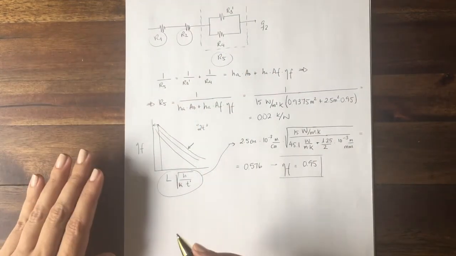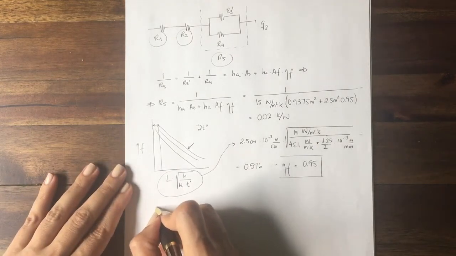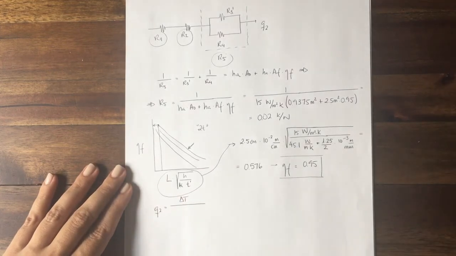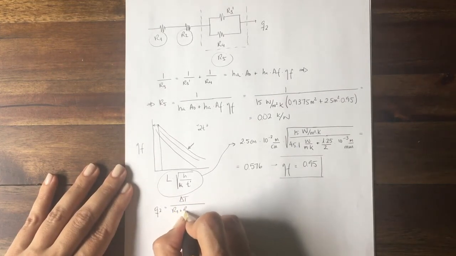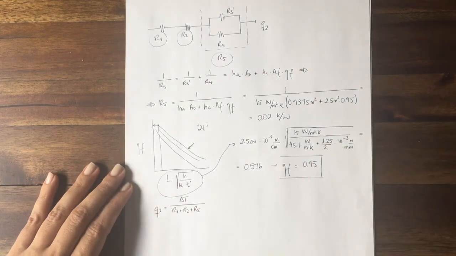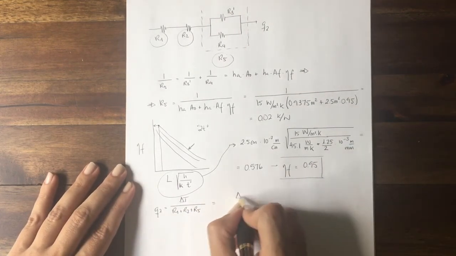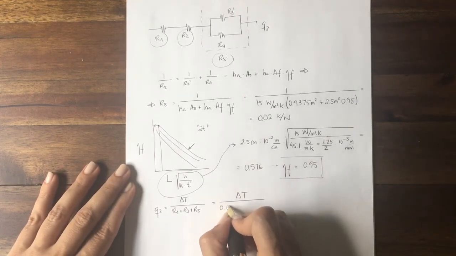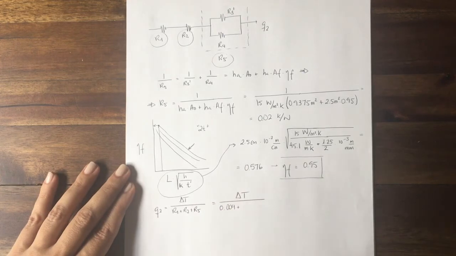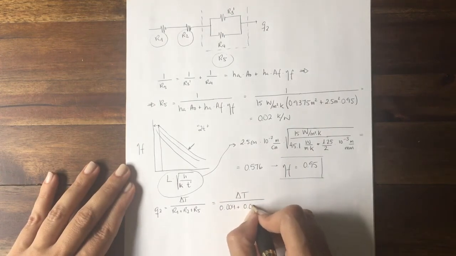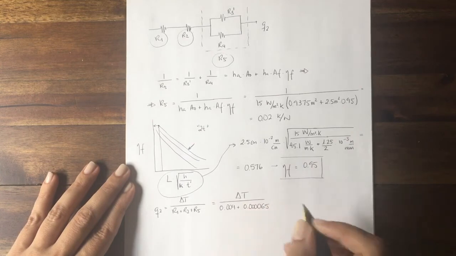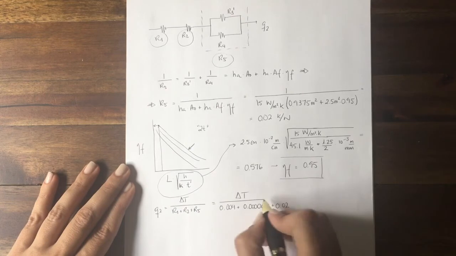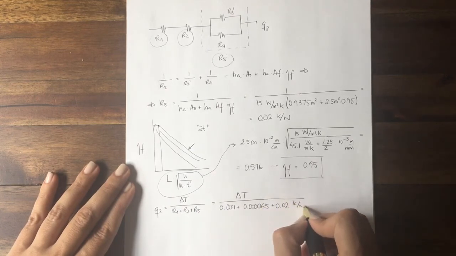We just need to use the general formula. Q2 is equal to delta T over the sum of the resistances R1, R2, R5. Delta T over R1, which is 0.004, plus R2, which is 0.12365, plus R5, which is 0.02 Kelvin per watt.